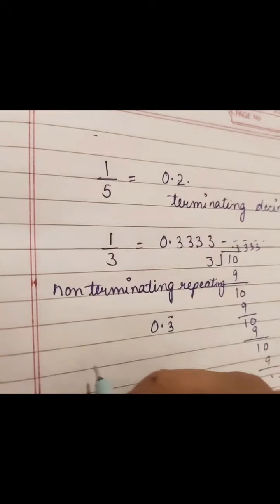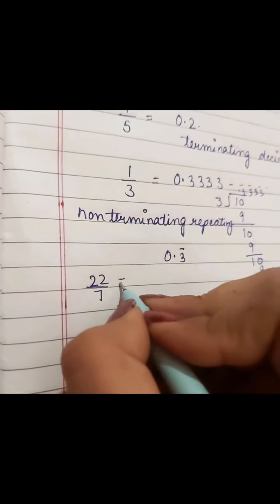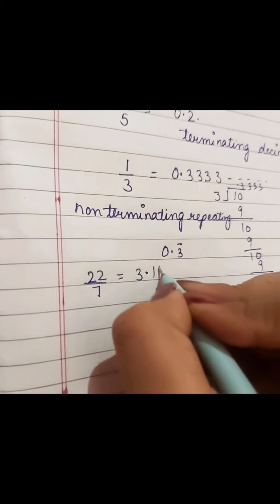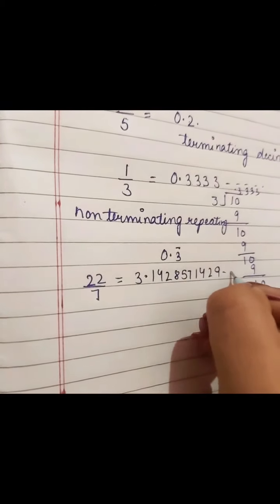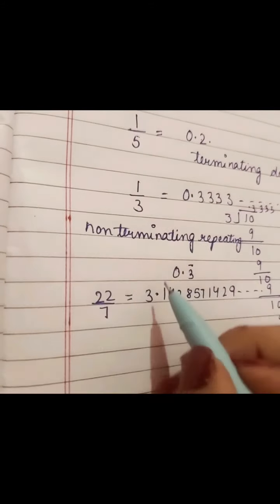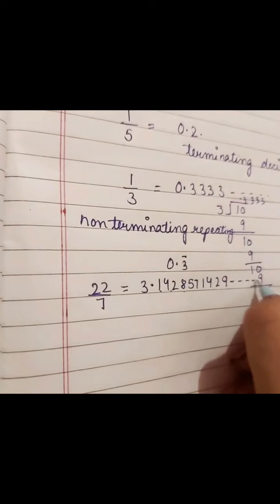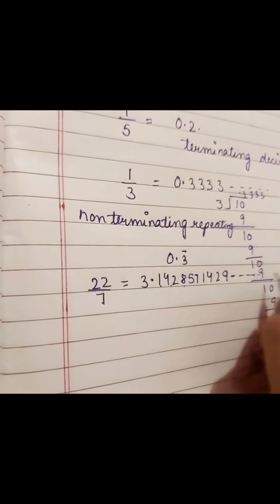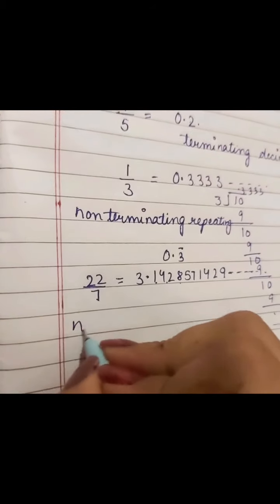Now if we convert 22 upon 7 into decimal, we get 3.1428571429 and so on. So here we can see that it is non-terminating because we can divide it further, and it is also non-repeating.